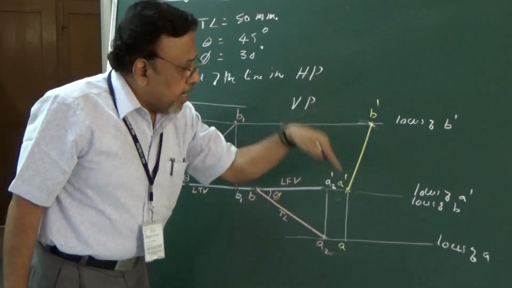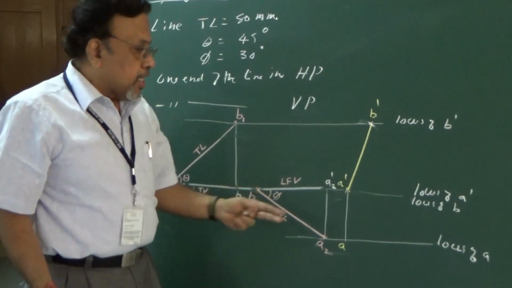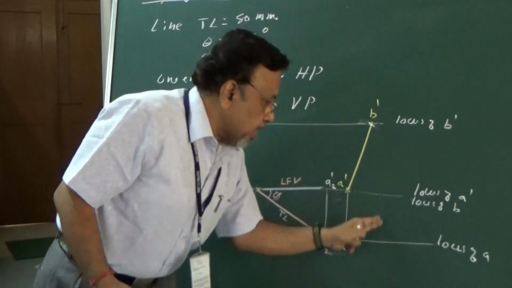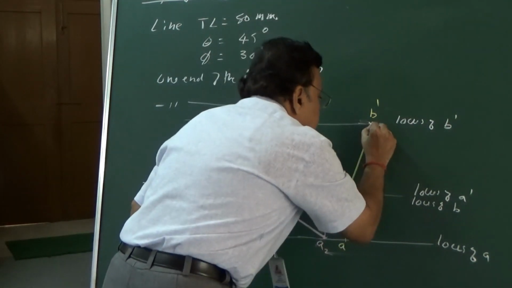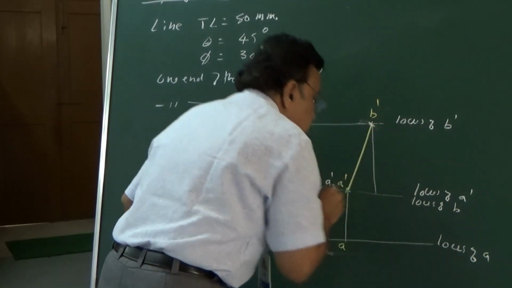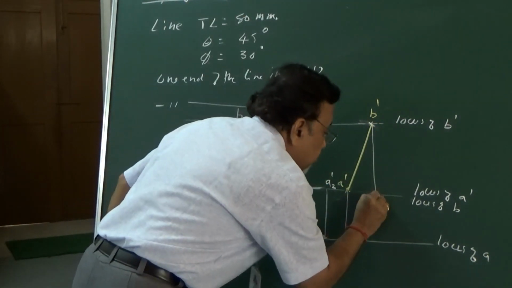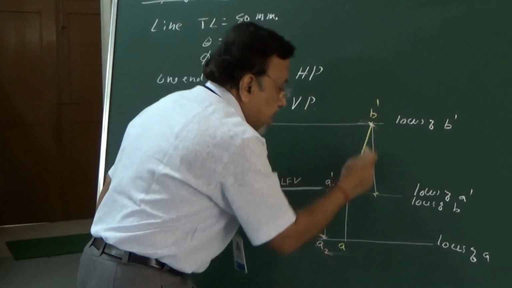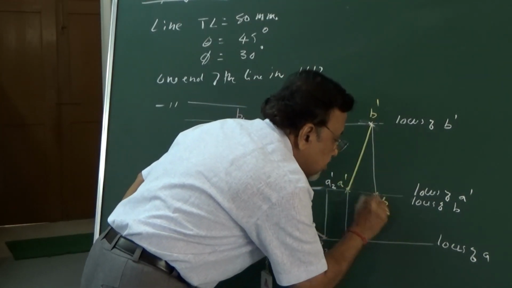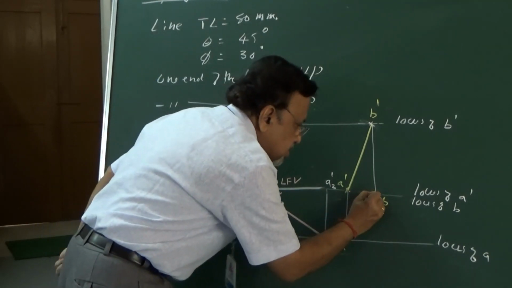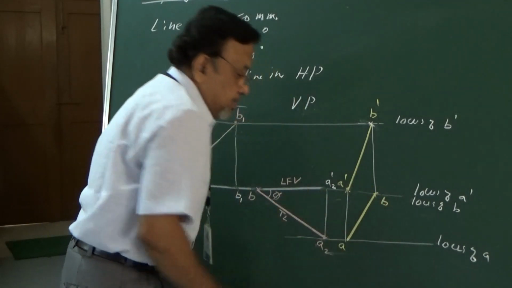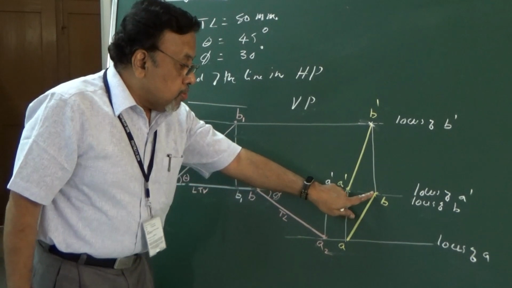We know that B dash should be on the same projector, but B is on the XY line, so I will draw the line like this. I will draw this projector. Then this point will be B dash, this should be B. If I join this, AB will be the final top view.